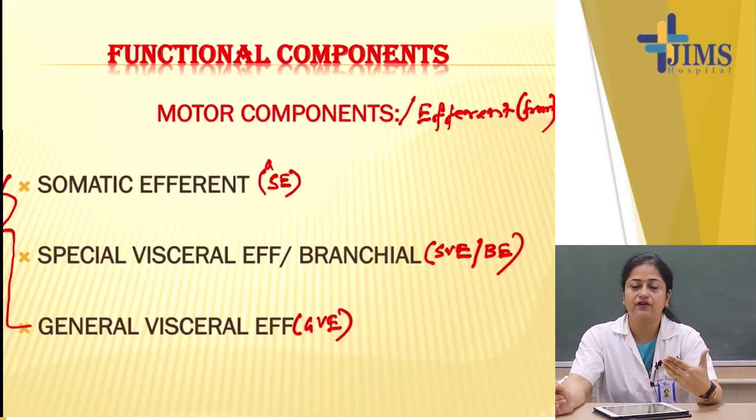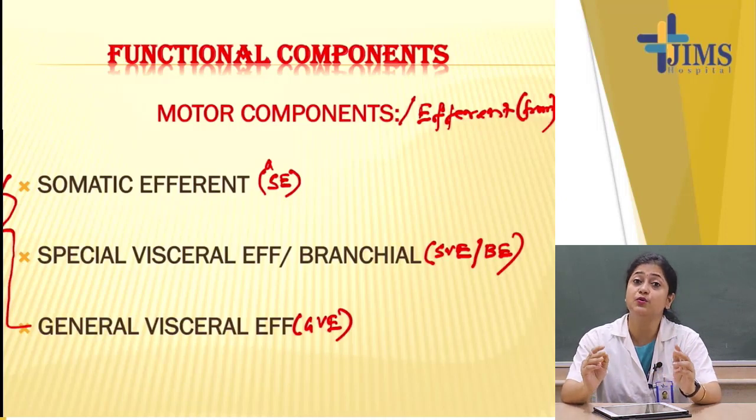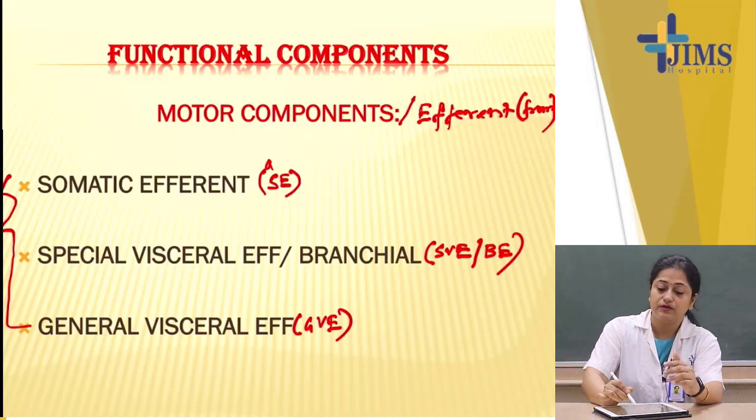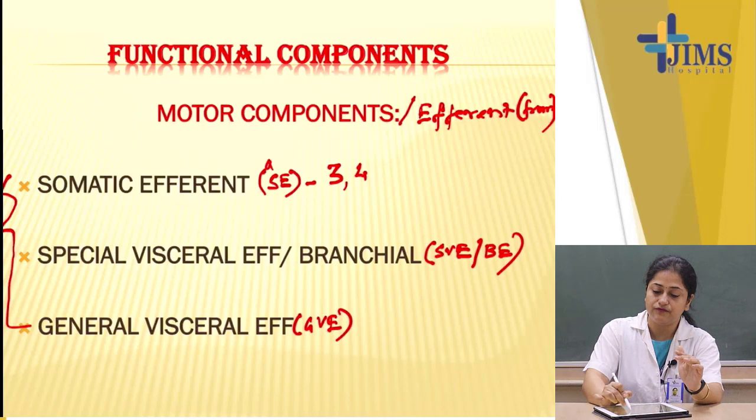Somatic efferents, as we already said, are the motor nerves supplying the muscles which develop from the somites. In the previous class I had briefly mentioned this. Which nerves are they? They are the third nerve, the fourth nerve and the sixth nerve.